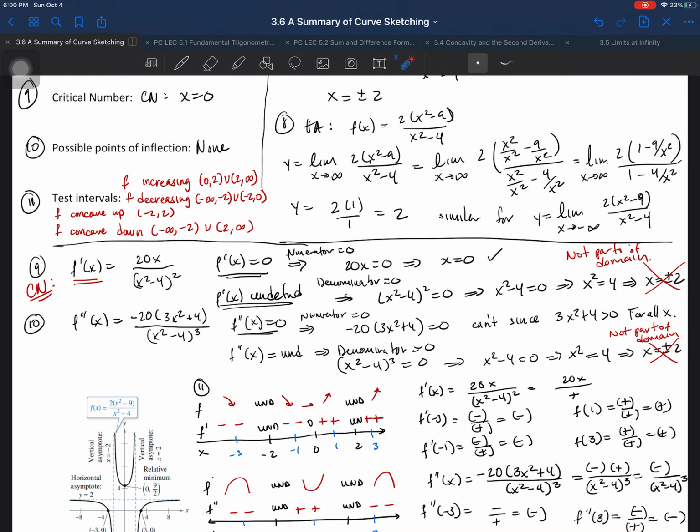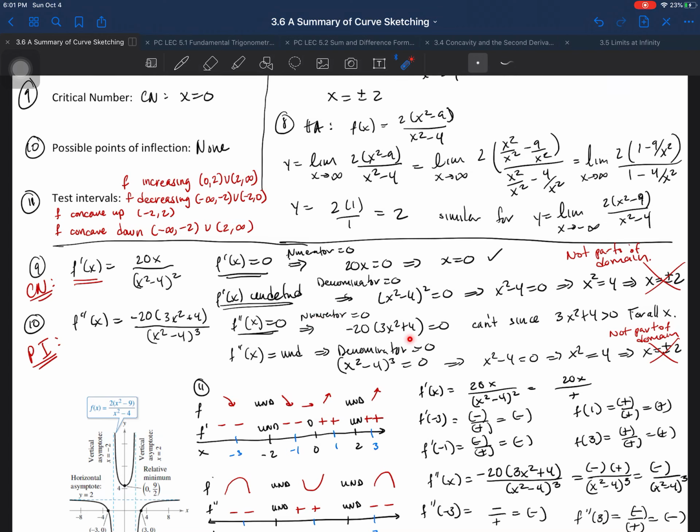The next one is finding the possible points of inflection. How do we do that? Well, we look at the second derivative for possible inflection points, and we just mimic the same process that we did before. First case, when the second derivative is equal to 0, we look at the numerator.